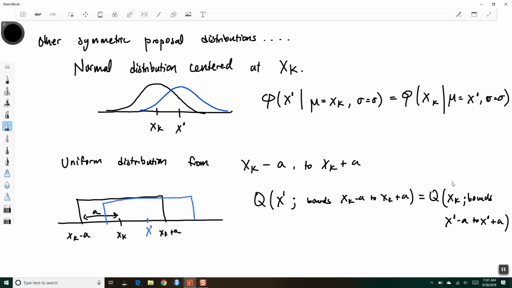So those are just some simple examples of symmetric proposal distributions for the univariate case. You can think of other ones as well.